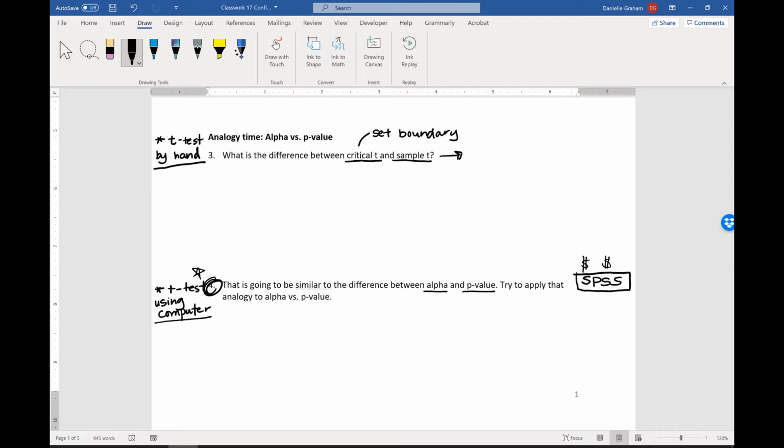So when we do a problem by hand, and we're using our T formula, where we are taking a sample mean minus some theoretical population mean, and then dividing it by, let's say, the standard error to come up with our calculation.